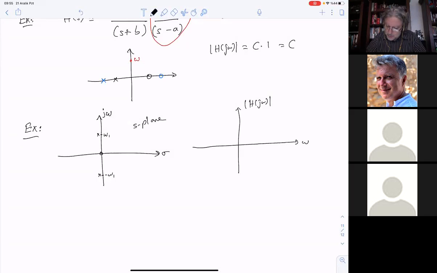So I would presume that it will reach a peak at around omega 1. And if you move further towards up, there will be a distance from this zero in the numerator and two distances from these two poles in the denominator. As you go upward towards infinity, there will be two infinity distances from the poles and one infinity distance from the zero.